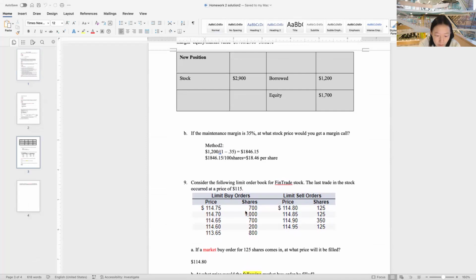I think it's the in-class exercise. So you're using the borrowed amount divided by 1 minus the maintenance margin.